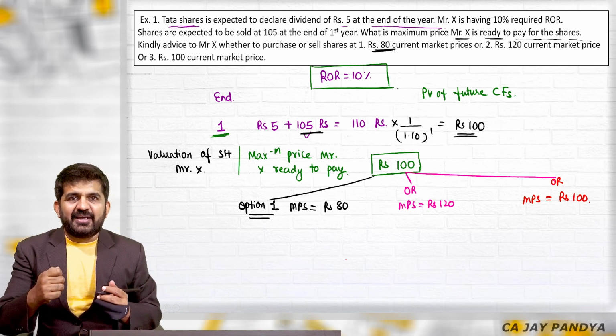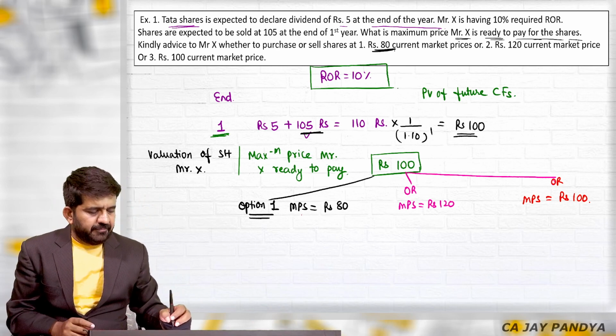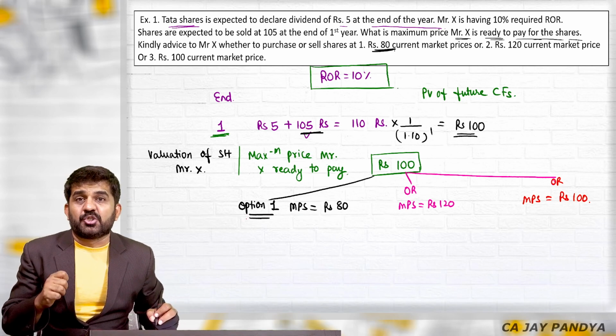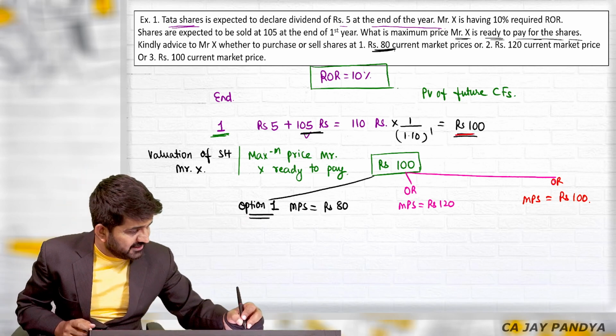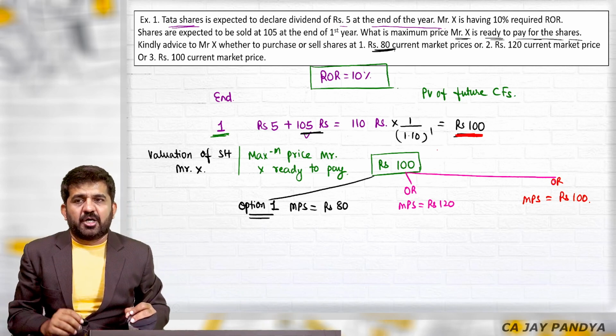So there are 3 options available. So I will need one volunteer. For the first answer, the market price of the share is rupees 80, and the valuation is 100 rupees. Whether you will purchase, sell, or remain constant.